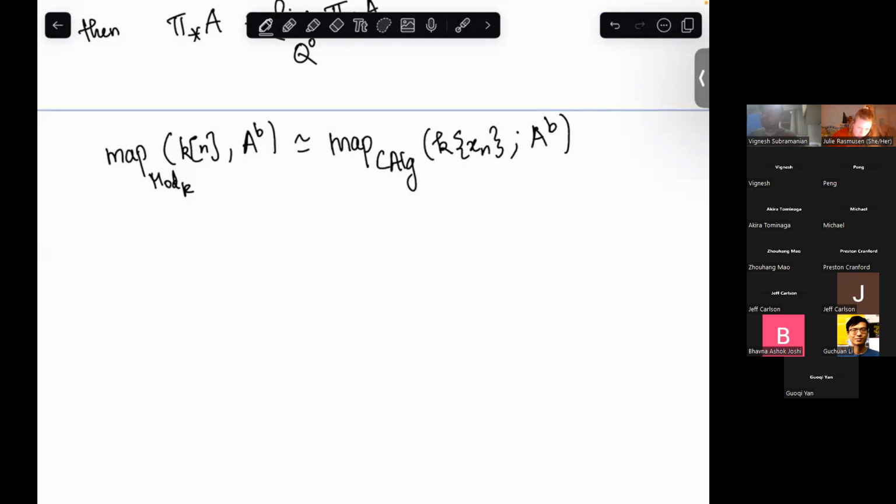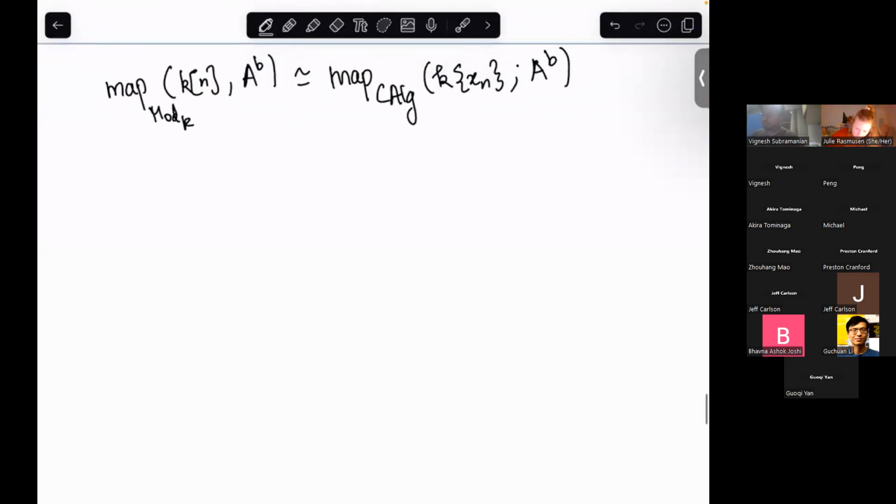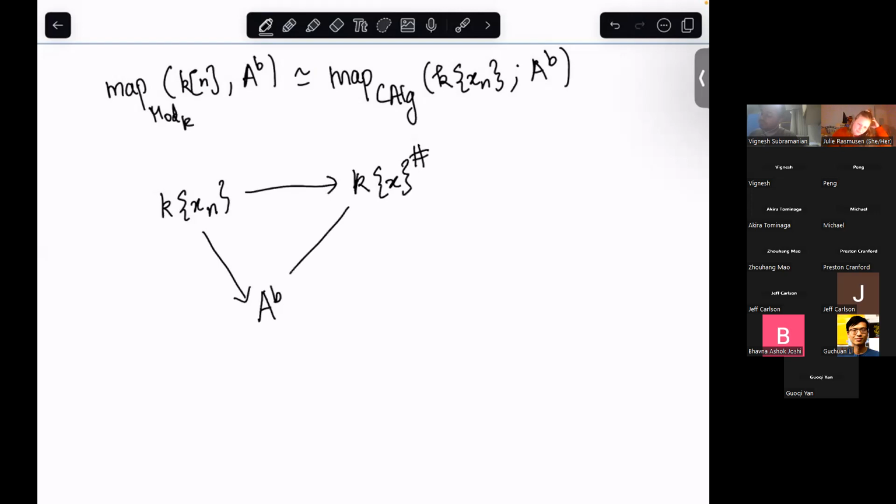And now you use the universal property of perfection. What you're doing is trying to map into the perfect guy, so it factors through the left adjoint. So you will get a factorization like this.